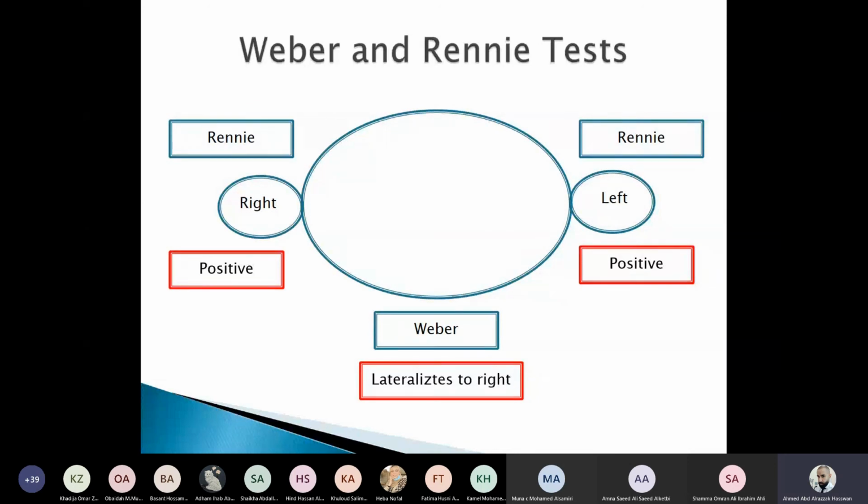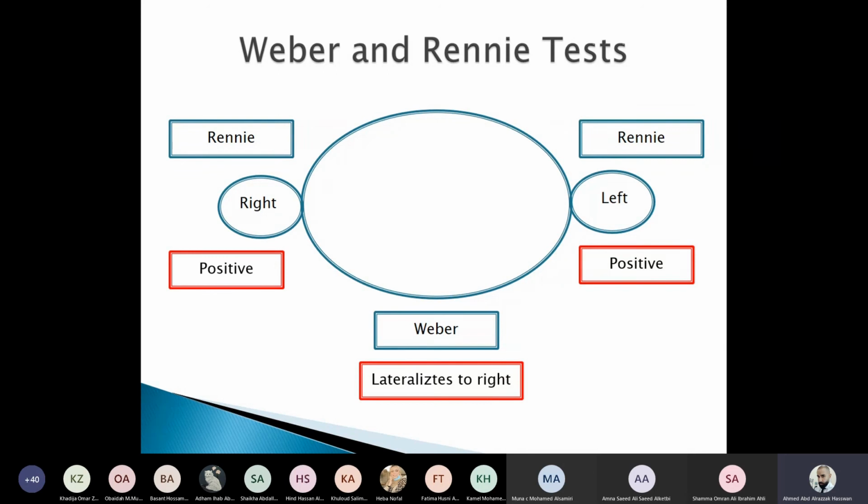We have only Weber tests that we can say it could be. But in order to confirm if this is sensory neural, we have to do other tests. So maybe we will do some imaging, some MRIs, some other hearing tests, more advanced, I mean. Okay, but from the Weber and Rinne, this is what we can do. Yes, audiometry, maybe.